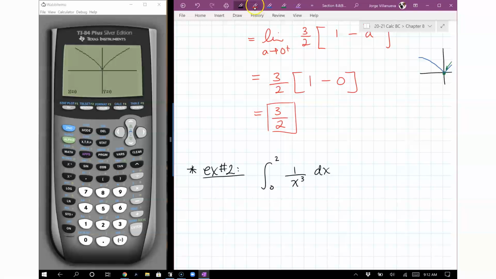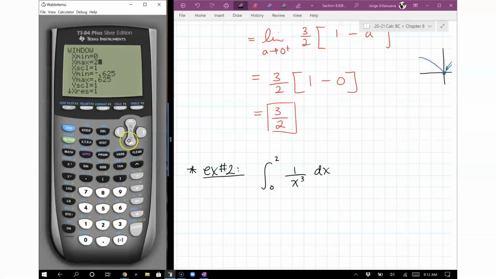So again, you look at this integral, it looks very normal, but then you look at its graph, right? So if you look at its graph, it's going to be 1 over x cubed. And you're going to look at the range from 0 to 2, okay? And I don't know why I didn't graph it. What's going on here?